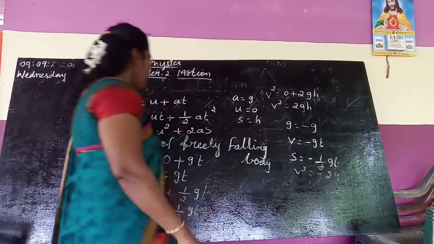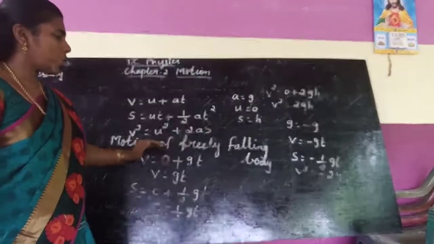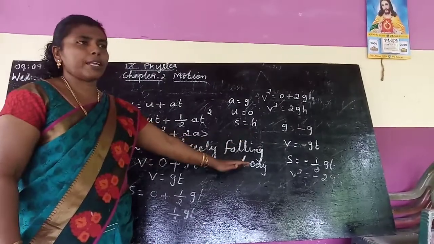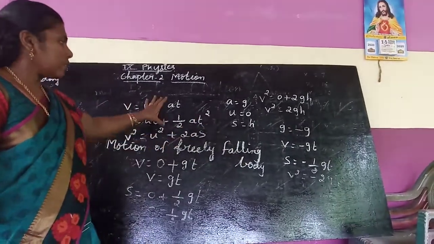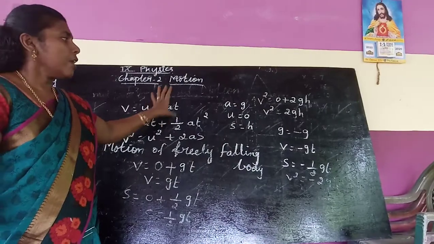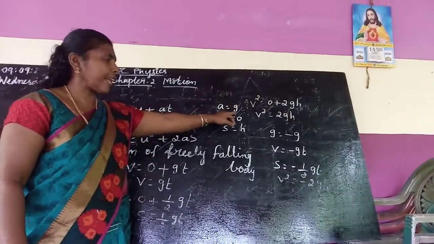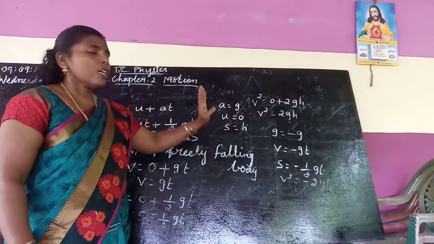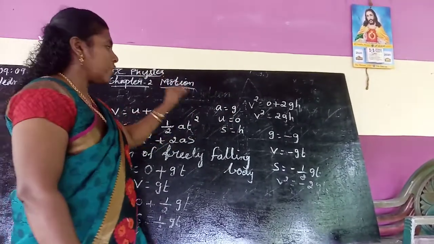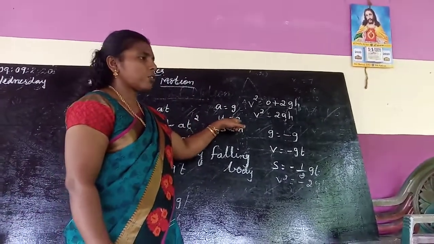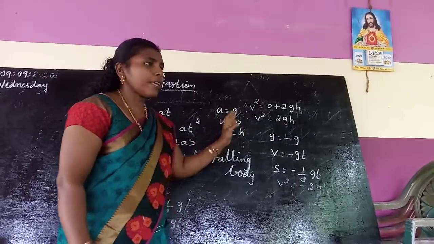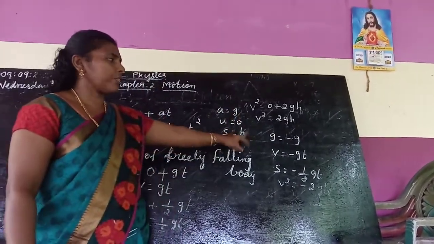Can you understand this? Now we have learned about the motion of a freely falling body. By using the equations of motion, we substitute the letter g for acceleration due to gravity, the value 0 for the initial velocity, and the height h for the displacement.